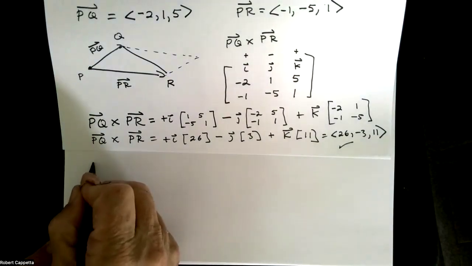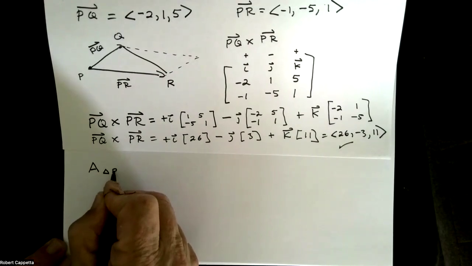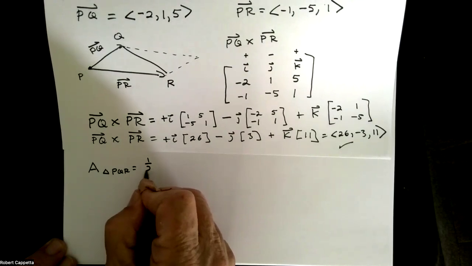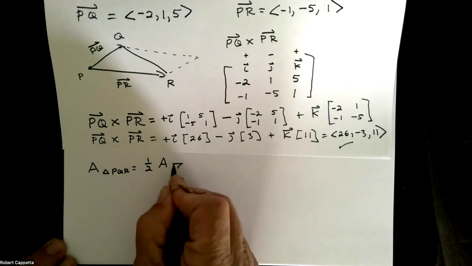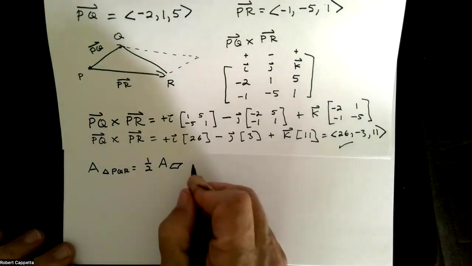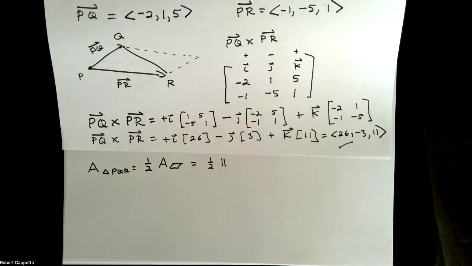The area of triangle PQR is 1/2 the area of that parallelogram. And the area of that parallelogram is the magnitude of the cross product. So this will be 1/2 the magnitude of the cross product, PQ cross PR.